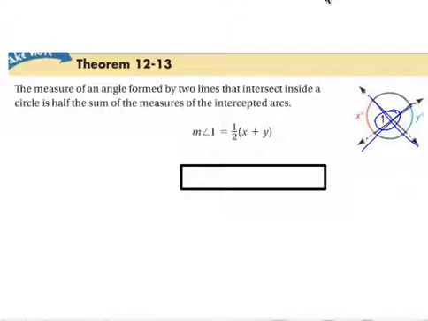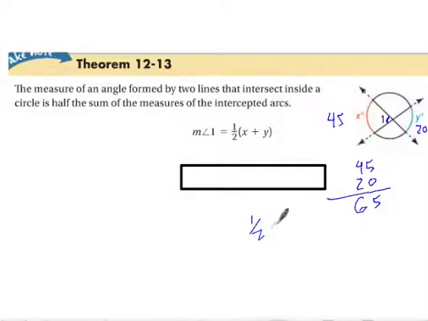Meaning if I said this was, let's say, 45 and this is 20, the way that I could find angle 1 right here is to add 45 and 20 together. I get 65, and then I just need to divide that by 2. So multiply that by 1/2 times 65. That's going to give me 32.5 degrees, and that would be angle 1 in that case.